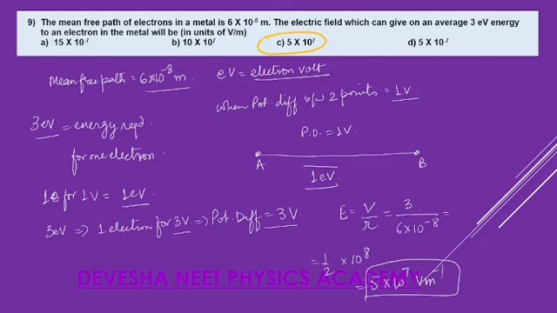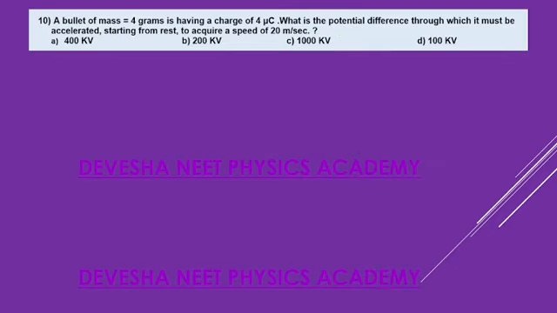Okay, so now we'll move to the next problem. In this question it is given that the bullet mass is 4 grams, right, which is equal to 4 by 1000 kg.